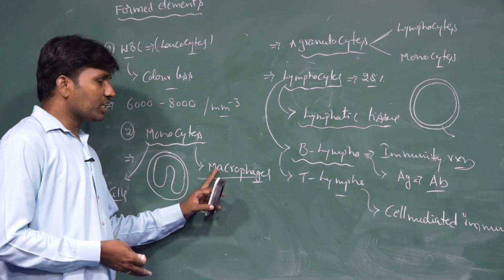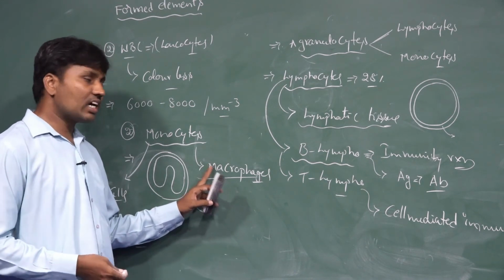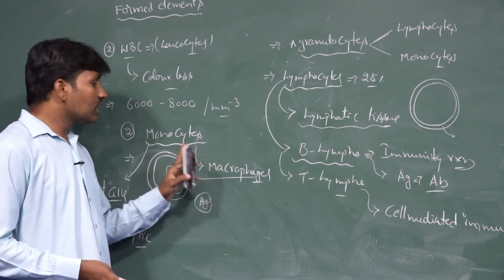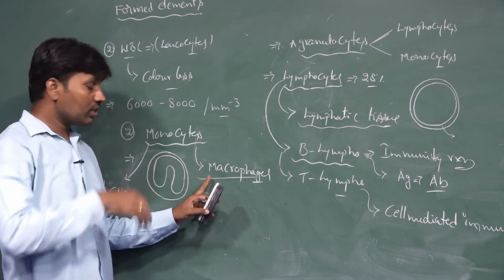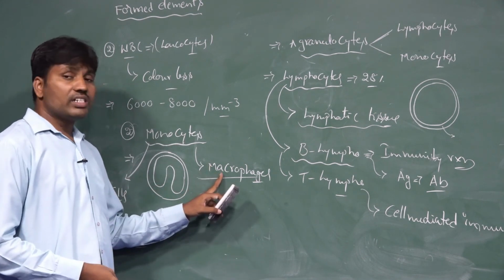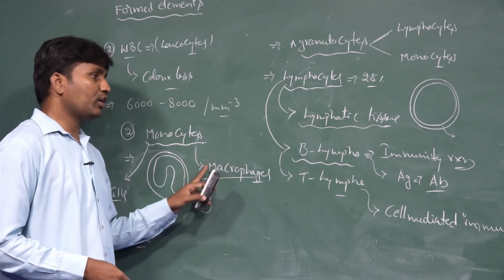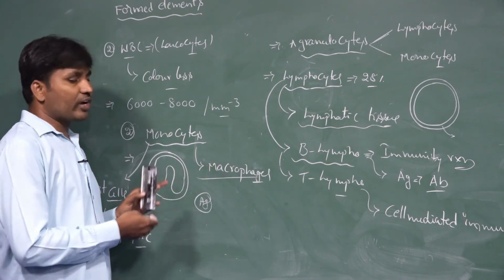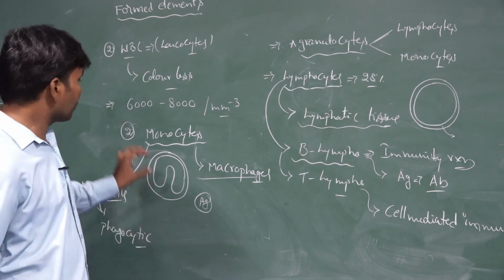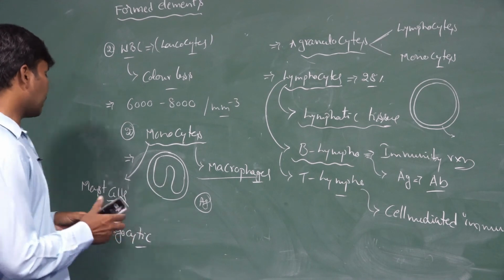Based on position, in the central nervous system, microglial cells are formed from the monocytes. In the liver, they form Kupffer cells. Totally the function is phagocytic processes conducted by these monocytes. These are the two types of agranulocytes.